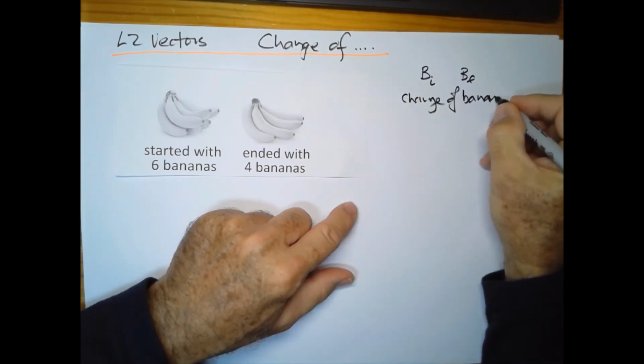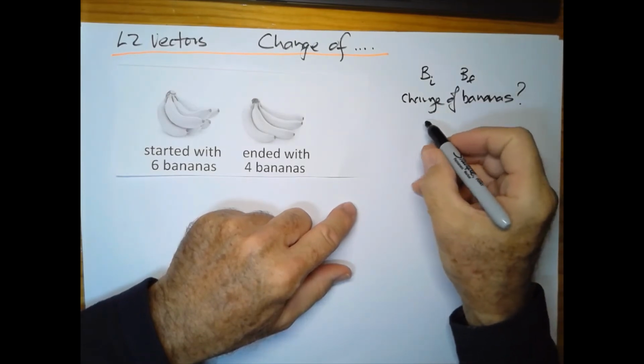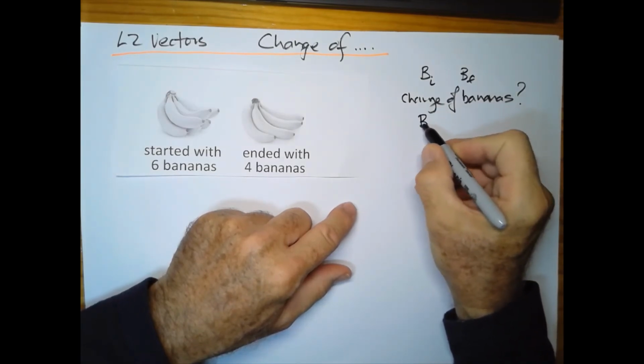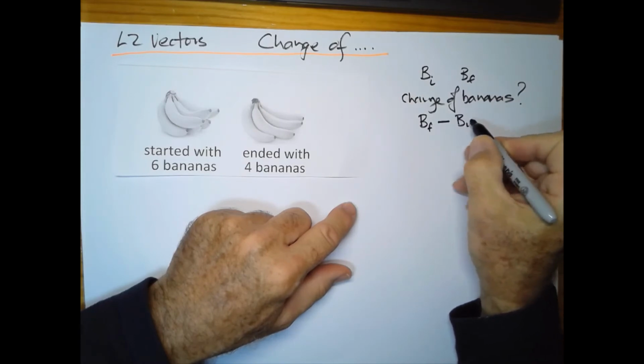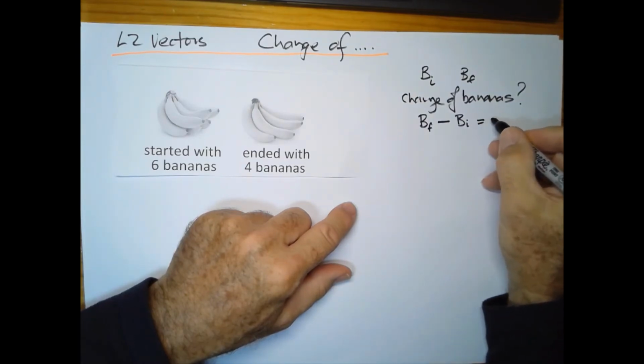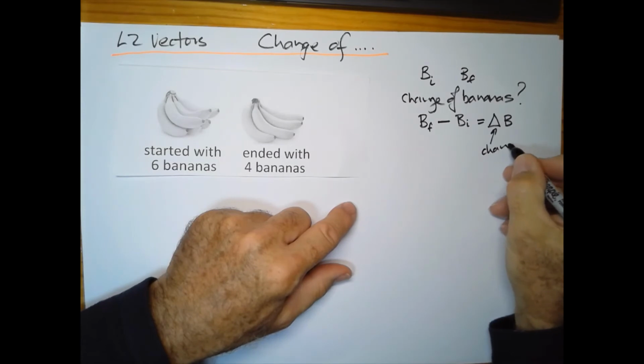How do we work this out? Normally we would say the final number of bananas minus the initial number of bananas is equal to the change of bananas. Remember, that's our change symbol, change of bananas.